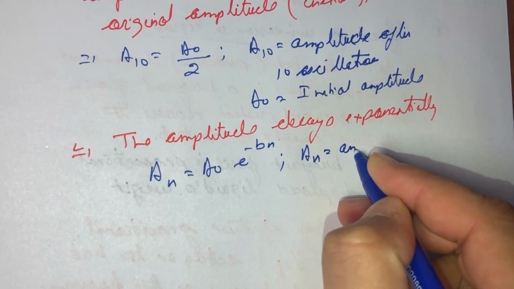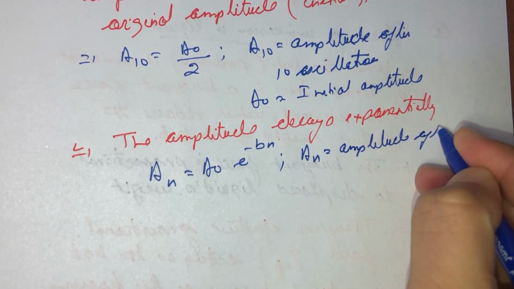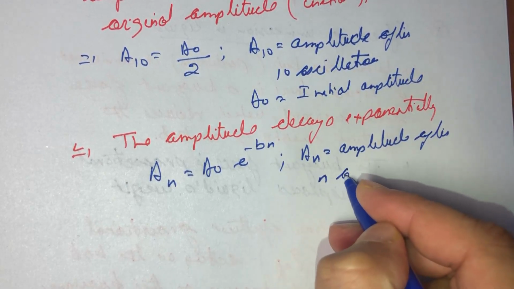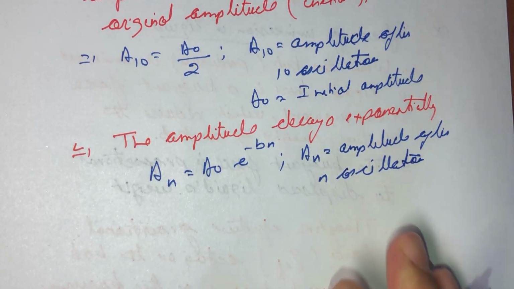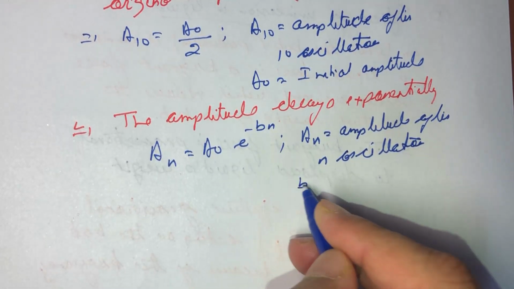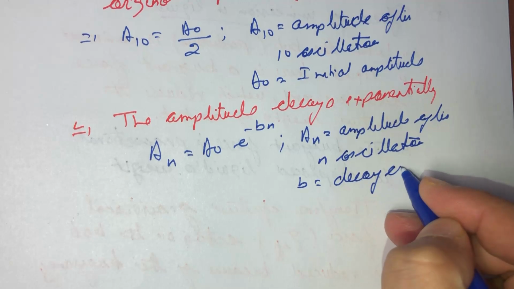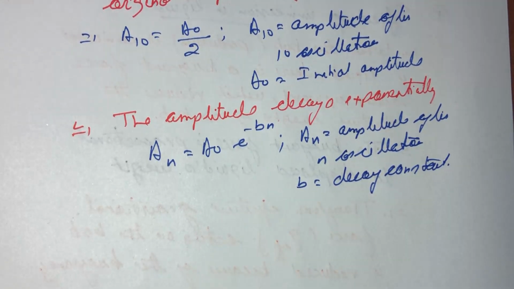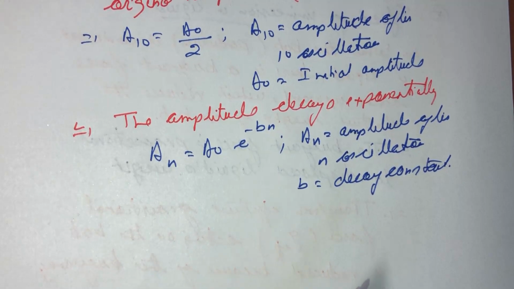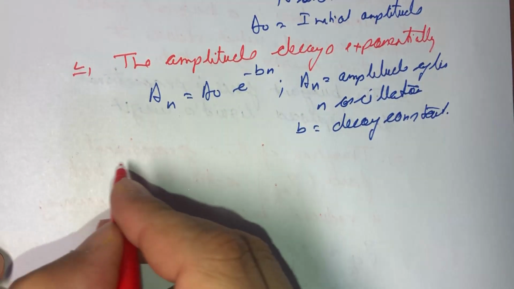and b is the decay constant. So we can write this formula for n is equal to 10.